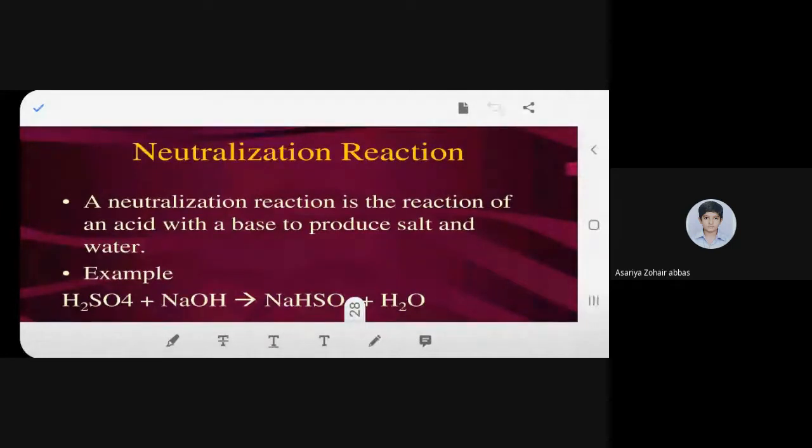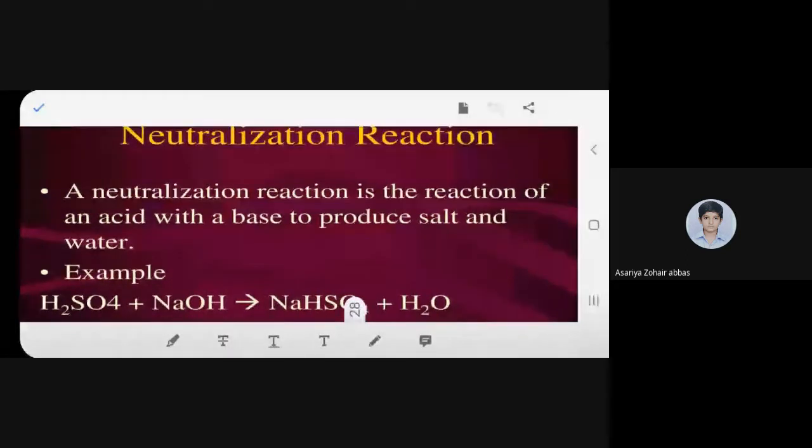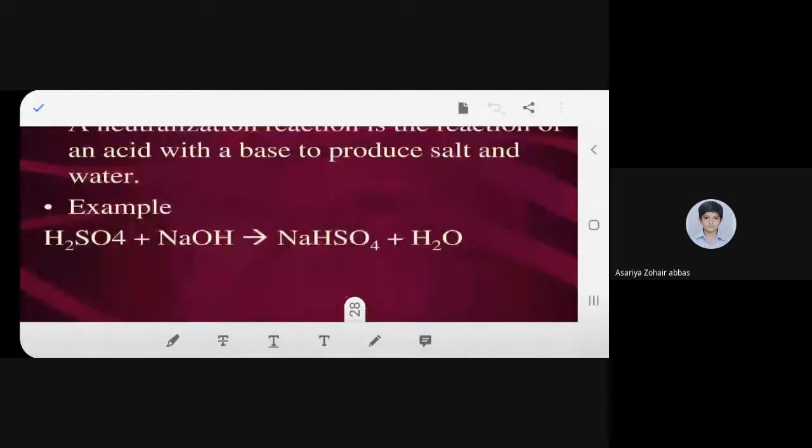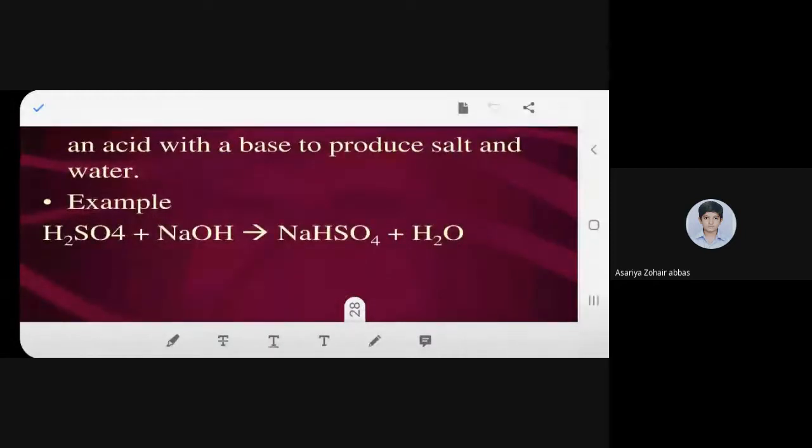A neutralization reaction is the reaction of an acid with a base to produce salt and water. Example: H2SO4 plus NaOH gives us NaHSO4 plus H2O.